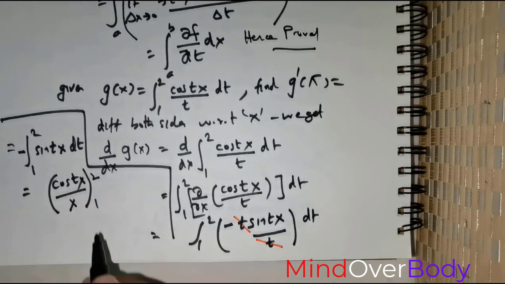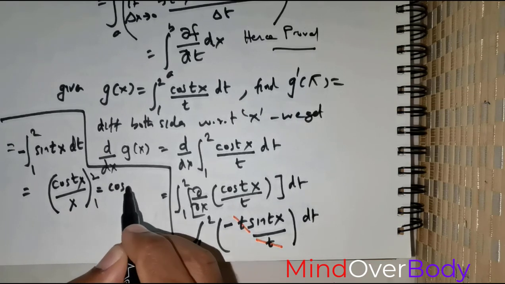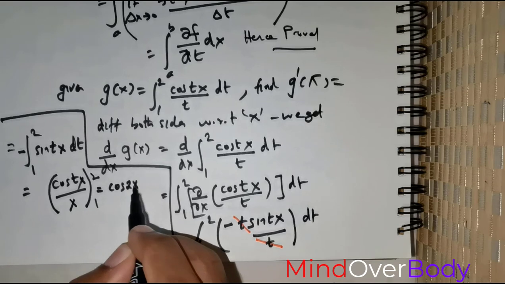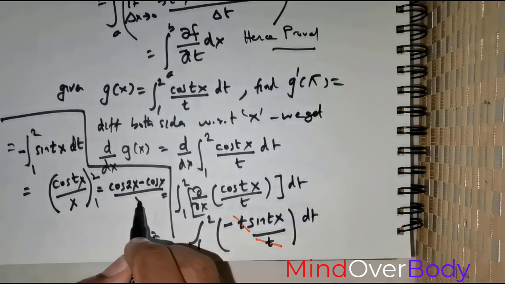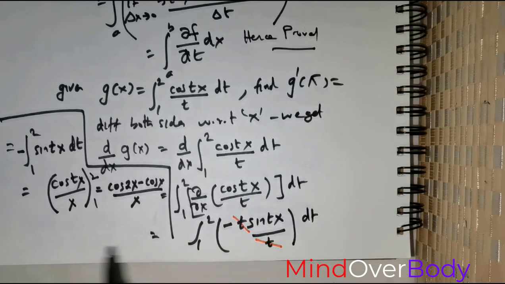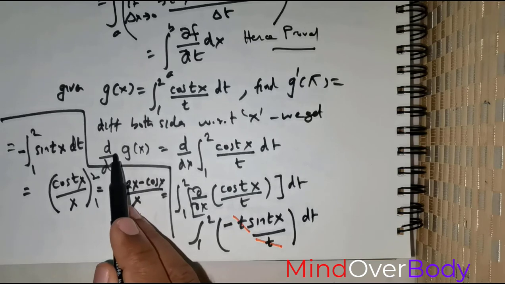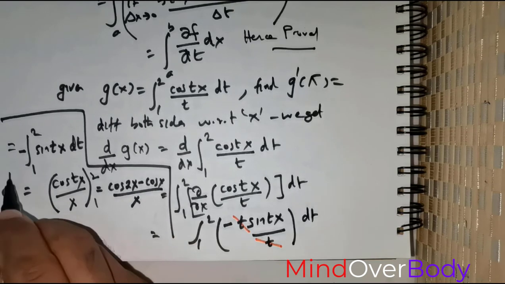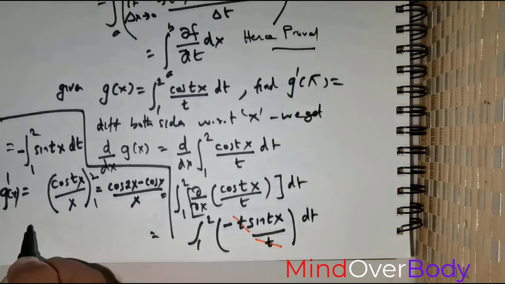So if I were to apply the limits, this is going to give me cos 2x minus cos x, divided by x, right? And this is my g dash of x. But we are expected to find g dash of pi.